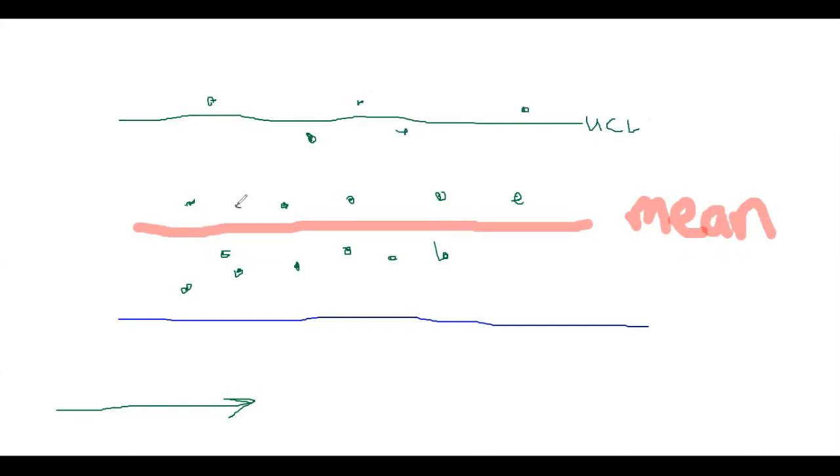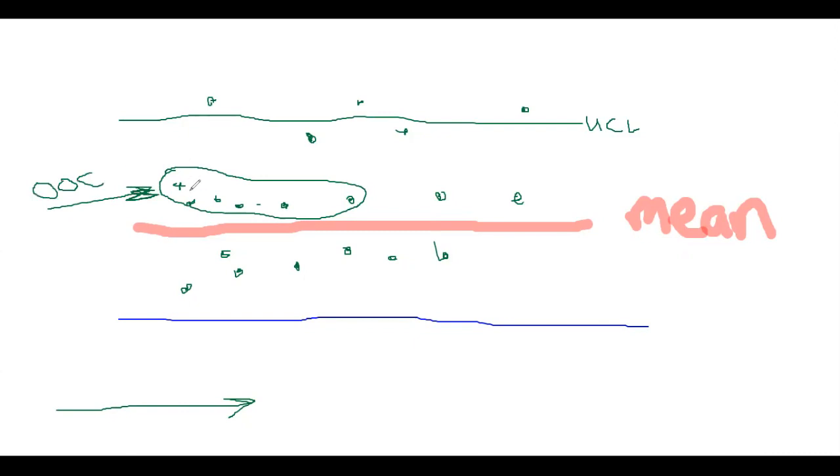Or if you have 7 non-random consecutive data points like this, to one side of the mean, 2, 3, 4, 5, 6, 7, something like this, even though I haven't drawn them as consecutively as I would have liked. A process with this feature of 7 non-random data points bunched together above or below the mean, we call this out of control. This process is out of control.